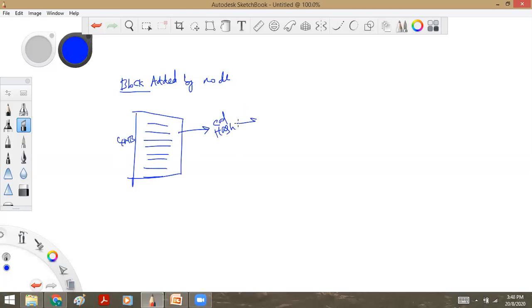If the hash value of the block matches the puzzle, then using the private key, sign it and broadcast.